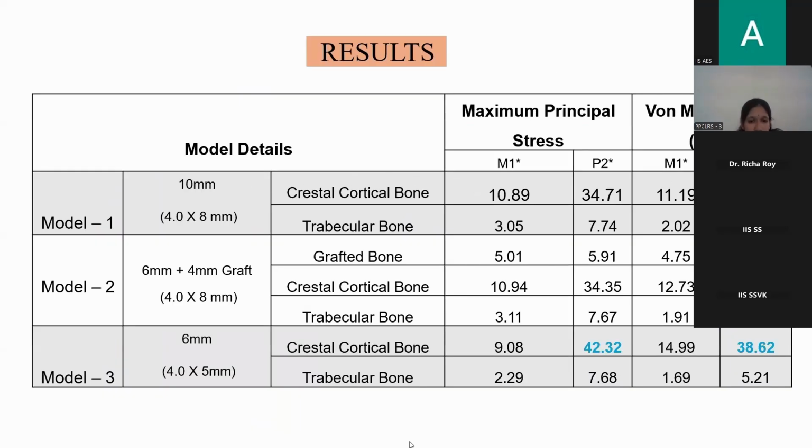In the results, we can see that in all three models, the highest stress was concentrated in the crestal cortical bone, and among the three models, the highest stress was concentrated in the crestal cortical bone of model 3, which indicates a short implant placed in a deficient ridge.